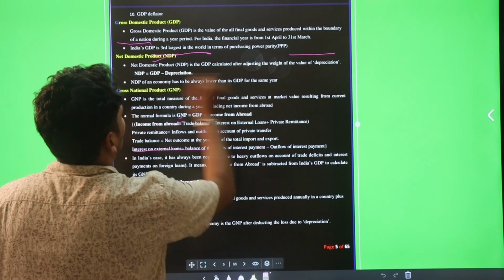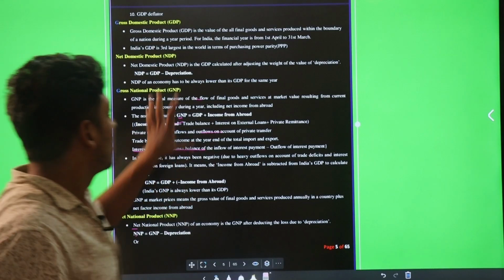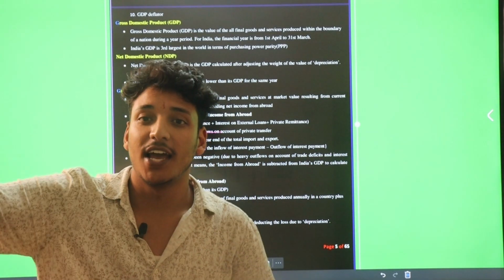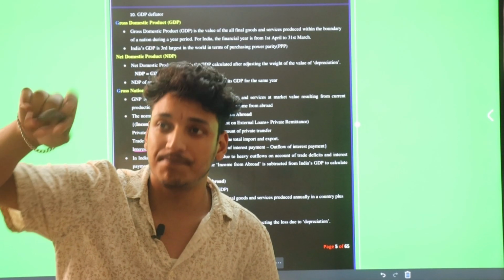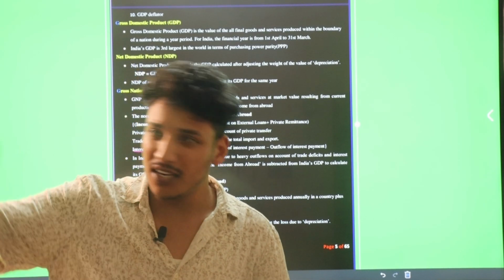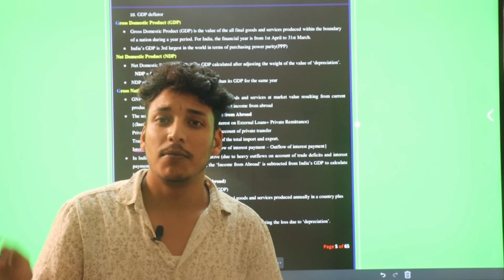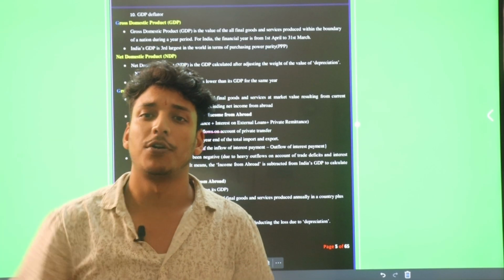GDP stands for gross domestic product. It means the value of your product within the country, how much you are earning in a particular period of time within the border of the country, but it doesn't include the cost, value or income from abroad.